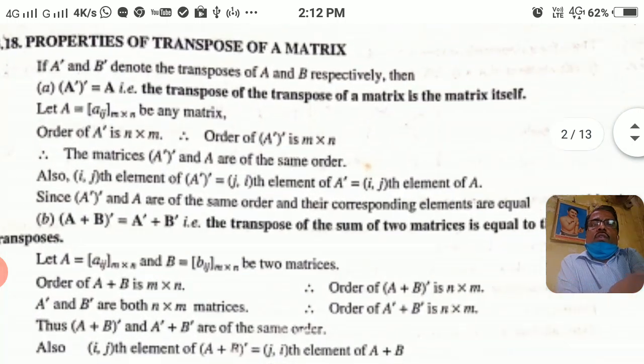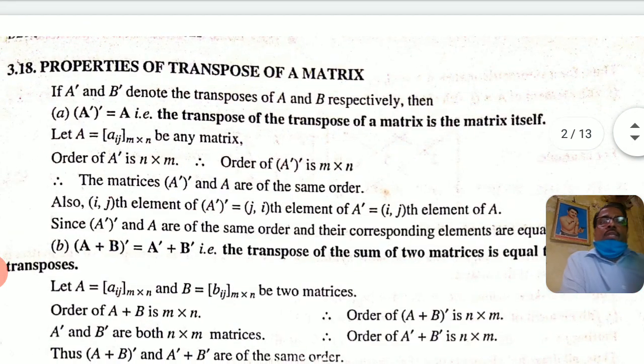The first property: if A dash and B dash denote the transposes of A and B respectively, then A dash of dash is equal to A. That means the transpose of a transpose is the matrix itself.